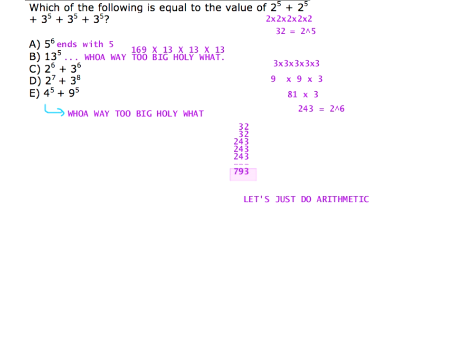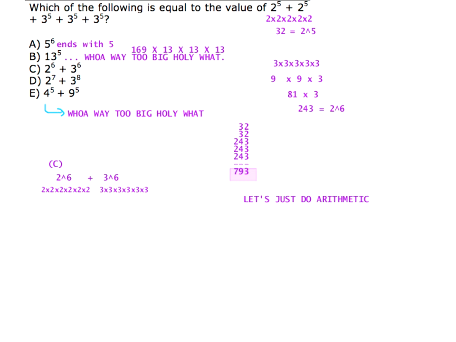So let's just look at these other guys. Choice C is 2 to the 6th plus 3 to the 6th. Well, 2 to the 5th is already 32 from before. So this is 2 times 6, and this is 3 times 6.